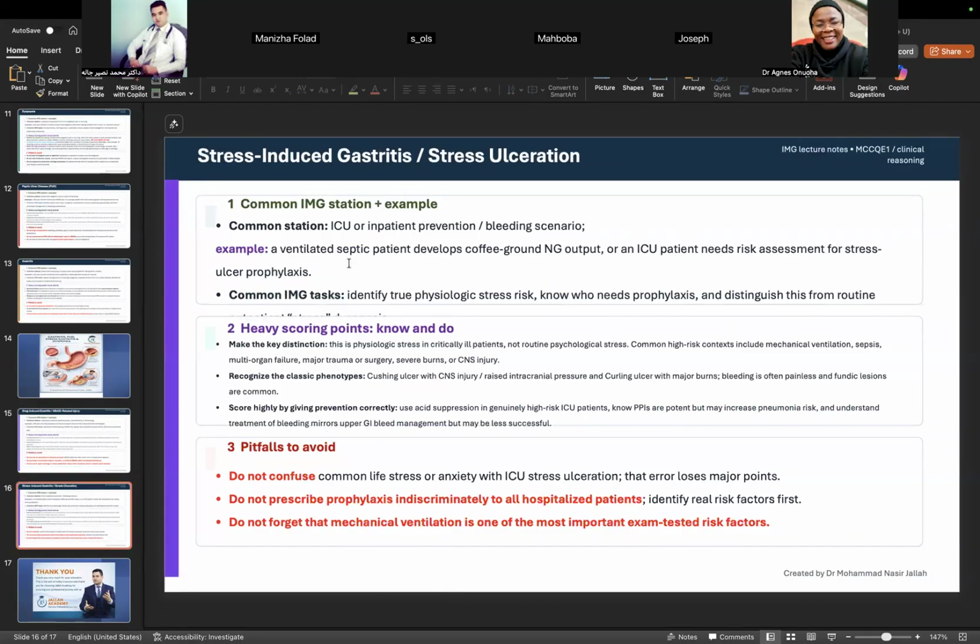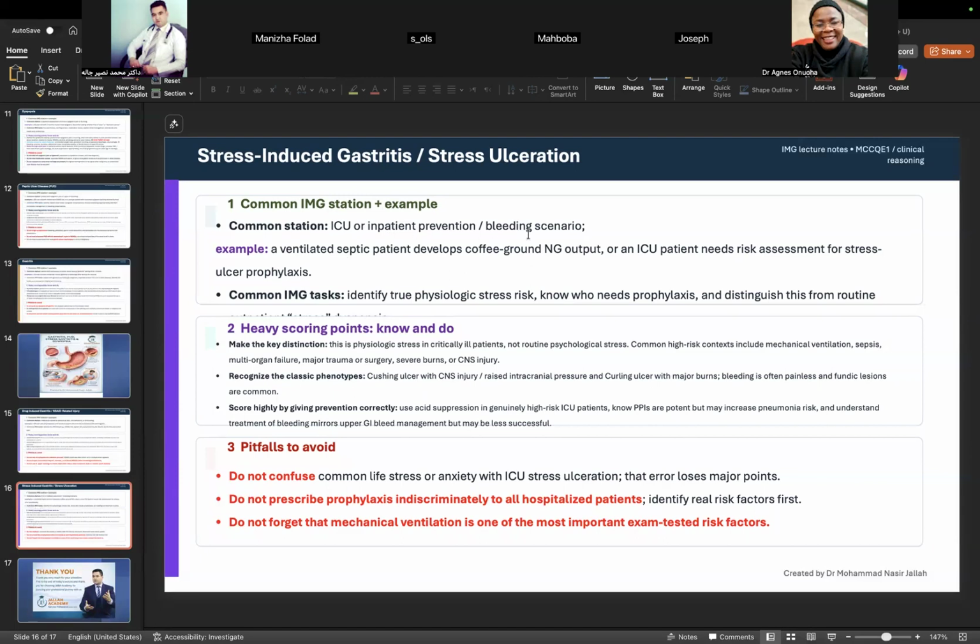Now, last but not least, stress-induced gastritis. So, ICU. If they give you a scenario about stress, it will be in the ICU, definitely. Why? Because the patient has to be critically ill, or connected to mechanical ventilation.